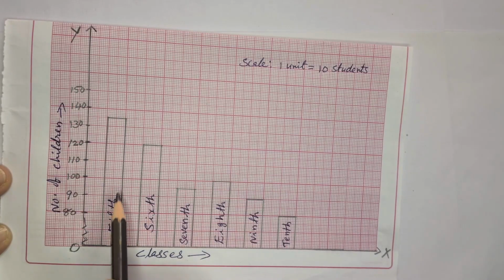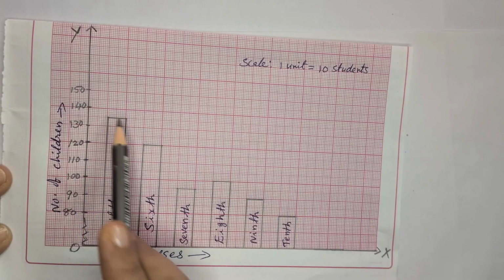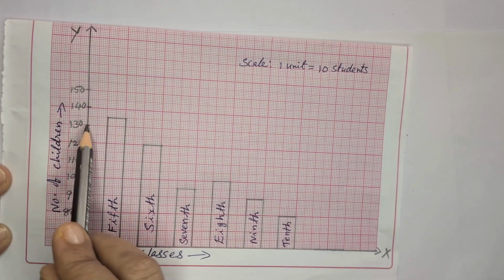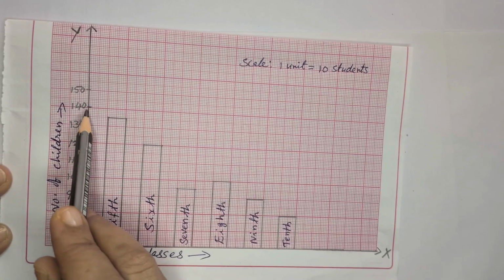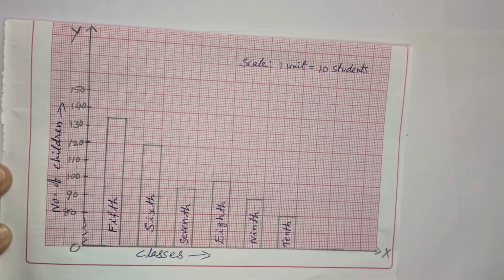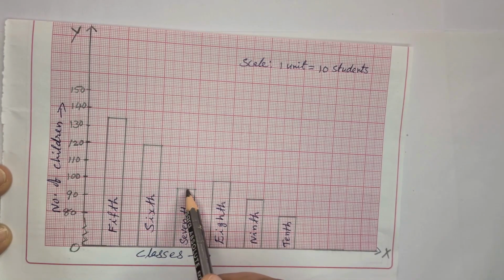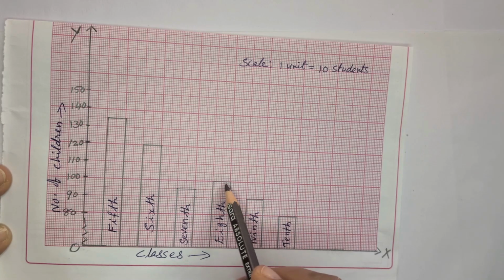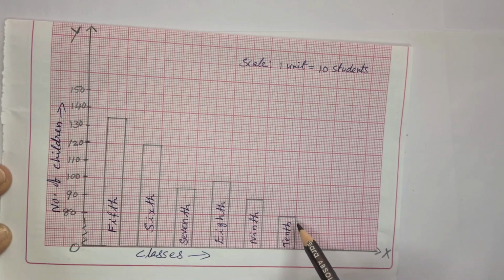This represents 5th standard, representing 135 students. 135 is in between, the middle line representing 135. Here class 6, 120 students, 7th, 95, 8th, 100, 9th, 90, 10th, 80.